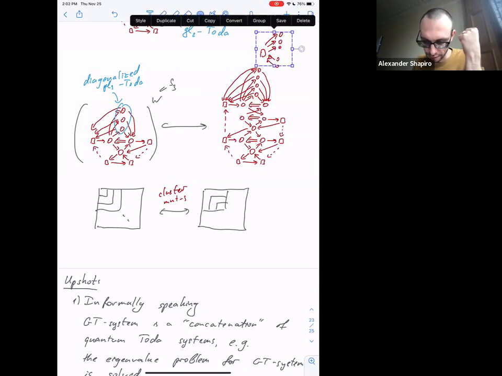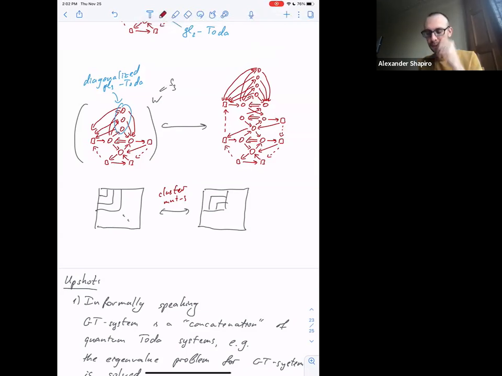Right. And to answer Dima's question, in this cluster, Chevalley generators are not particularly nice on one hand, but on the other, the Casimirs are very nice.